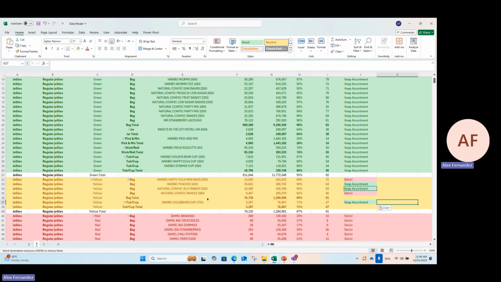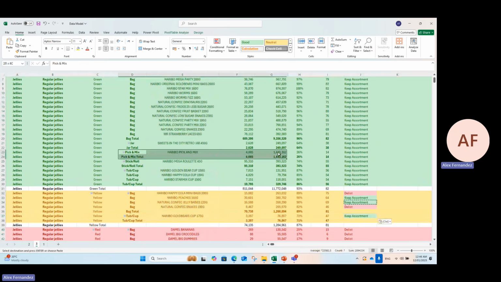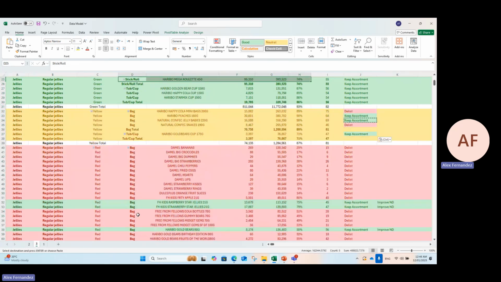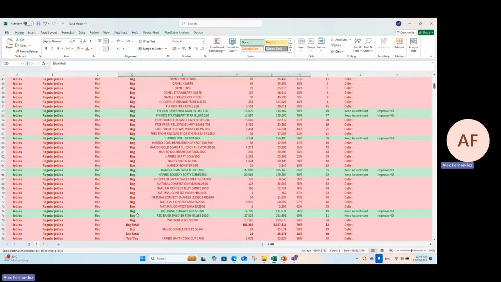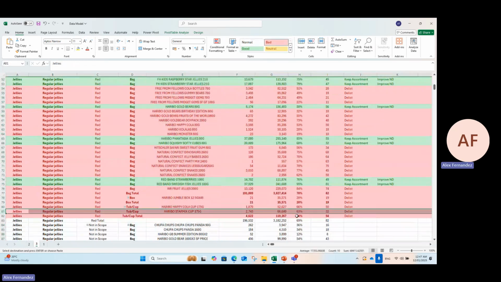All right. And here we have some unique SKUs, which are pick and mix and stick roll, that we don't have in the other formats. Here we have the top cup, but the average there was almost 5,000. This one, 175 grams. And this one is how many grams?